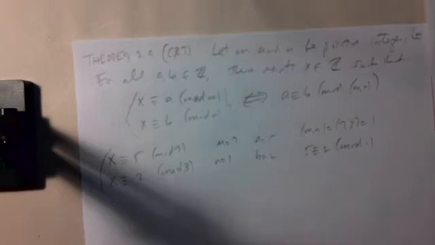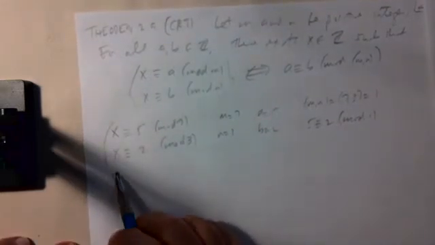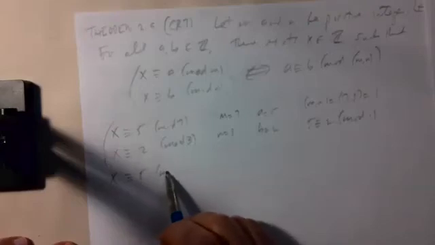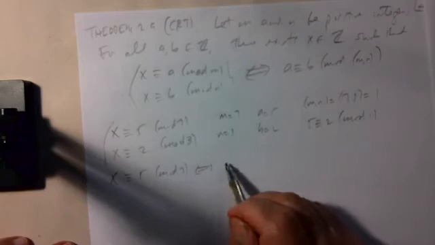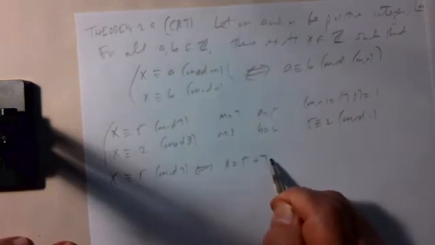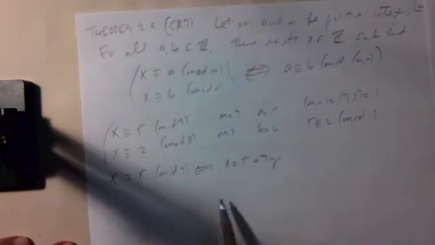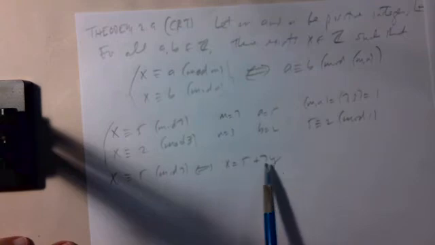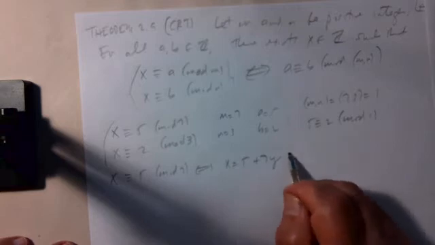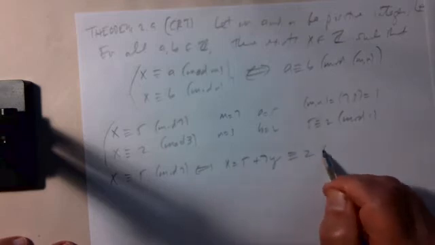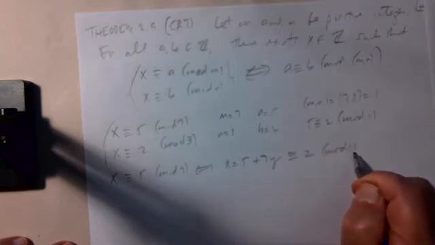And if you wanted to try to find it, you could say, well, x is congruent to 5 mod 7. That means x is 5 plus 7 times y. Any number that's congruent to 5 mod 7 is of this form. And this x is also congruent to 2 mod 3.